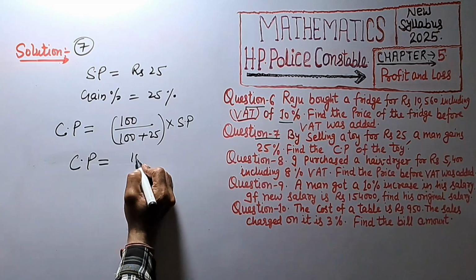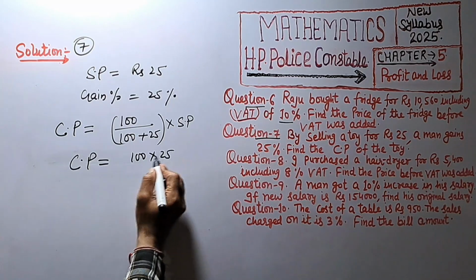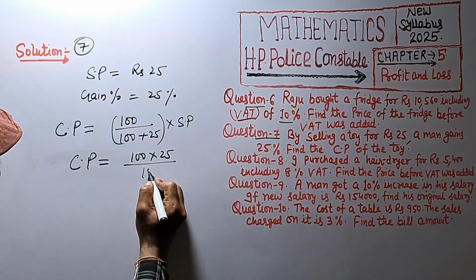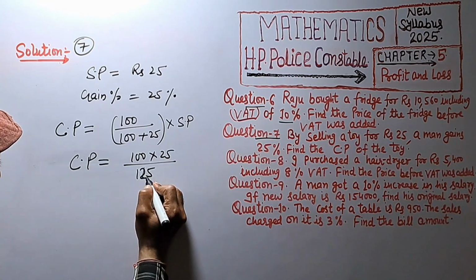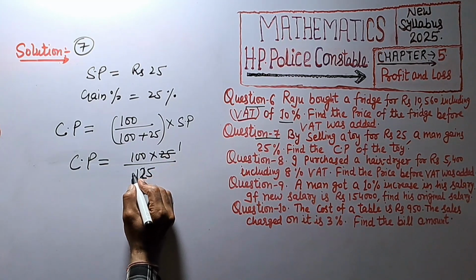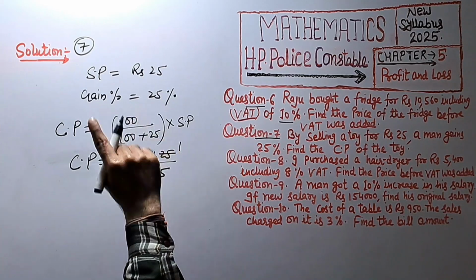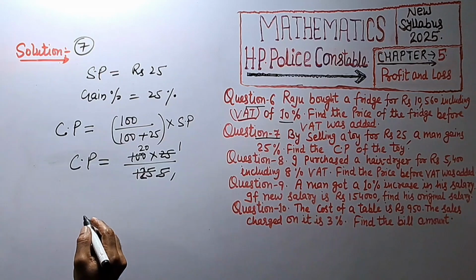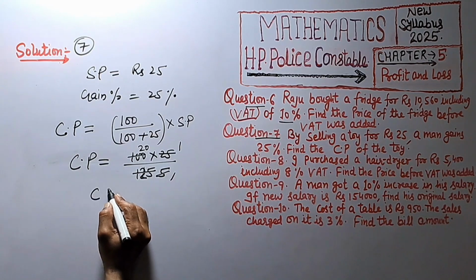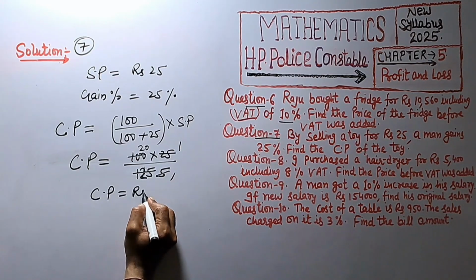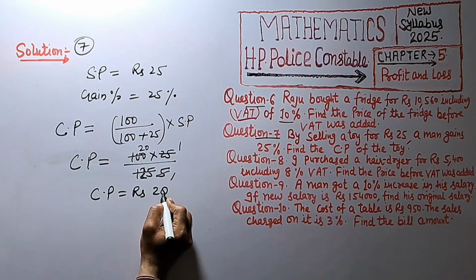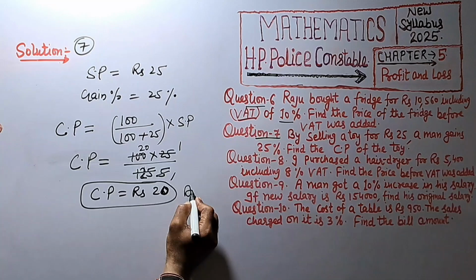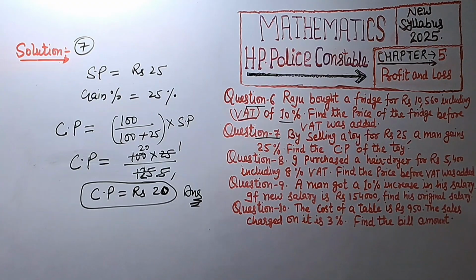Cost price is equal to 100 into 25 upon 100 plus 25, that is 125. 25 ones are 25, 25 fives are 125. 5 ones are 5, 5 twos are 10, so 100. So cost price is equal to rupees 20. Answer.